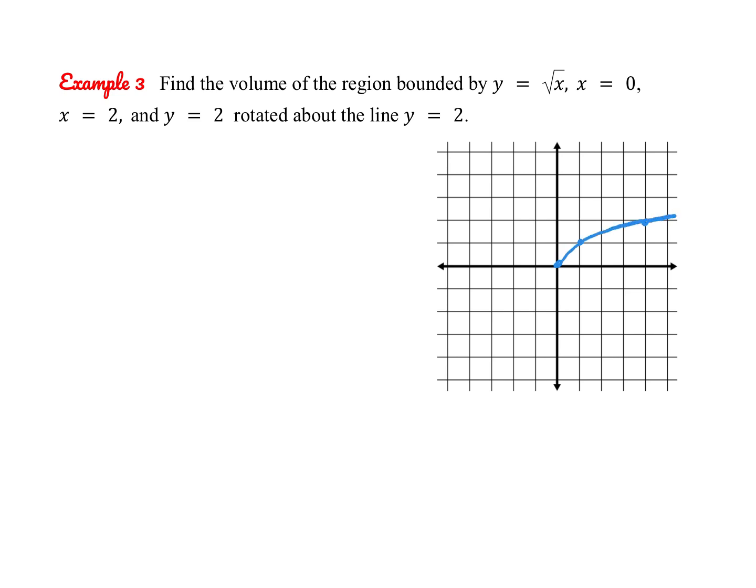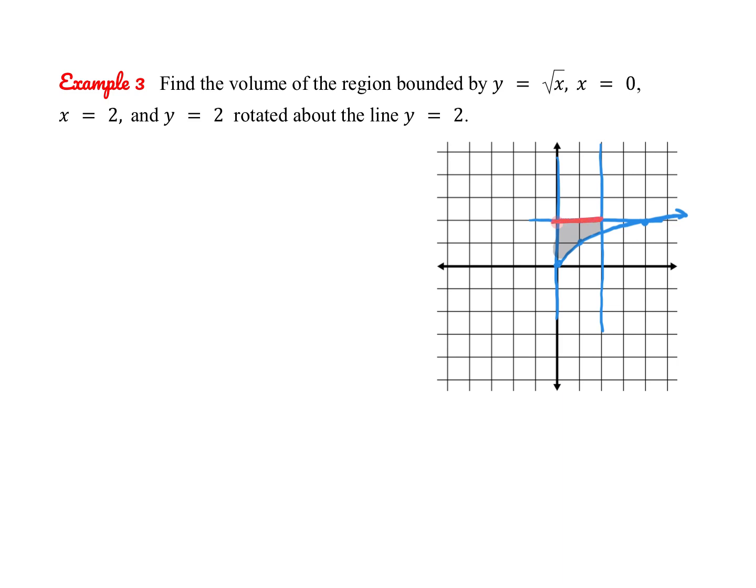So here's our square root function, and then we have between x equals 0, x equals 2, and y equals 2. So here's our planar region right here, and we're rotating it about the line y equals 2.